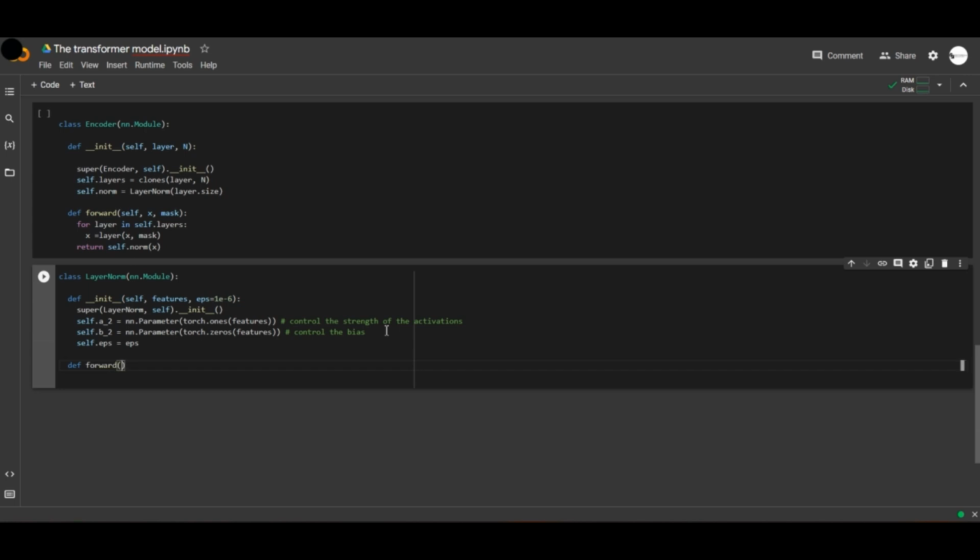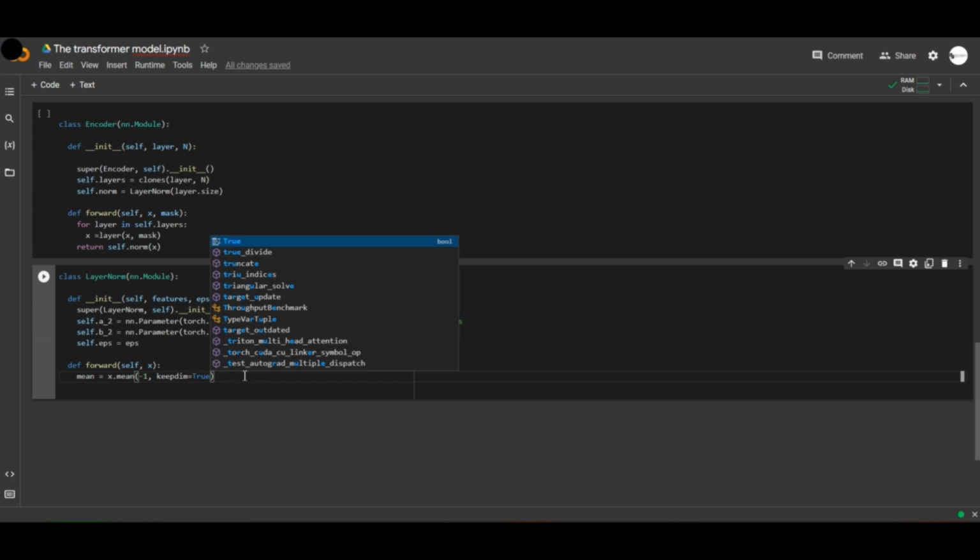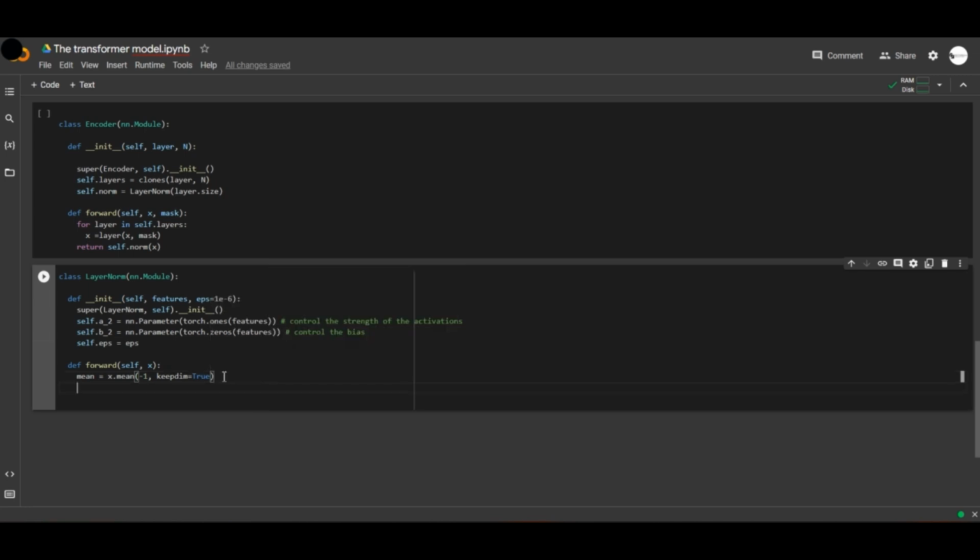Then we have a forward. We take the input, then we say mean. That's how these normalization techniques work: we take the mean divided by the standard deviation. So here we take the mean of x, with -1 and keepdim equals True. Hope you guys are still with me at this point.